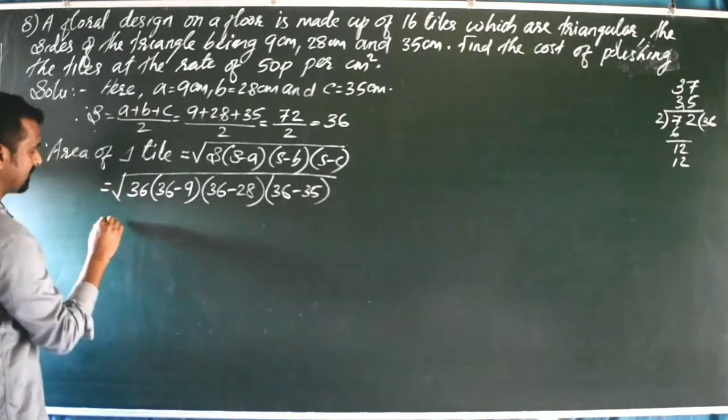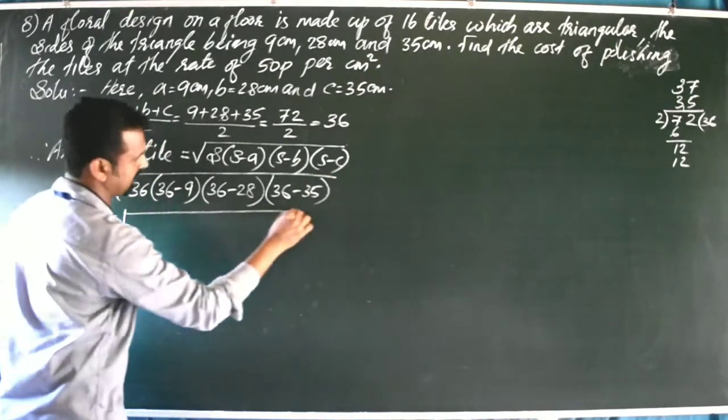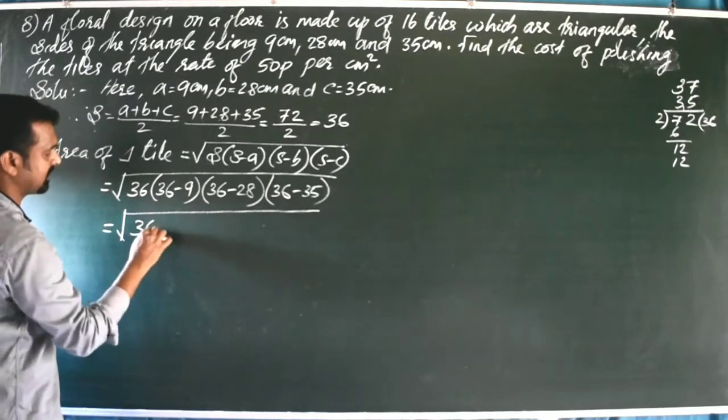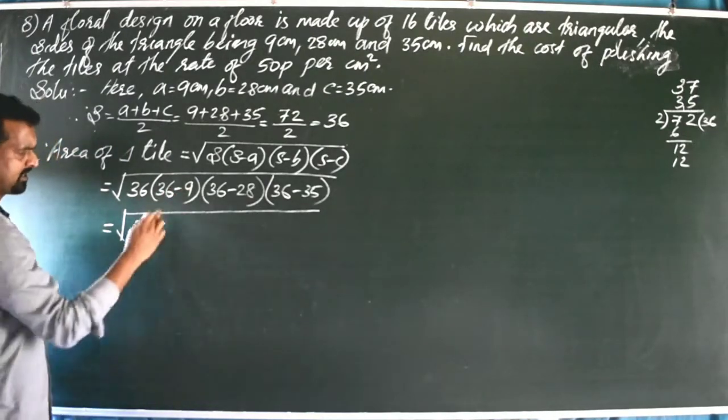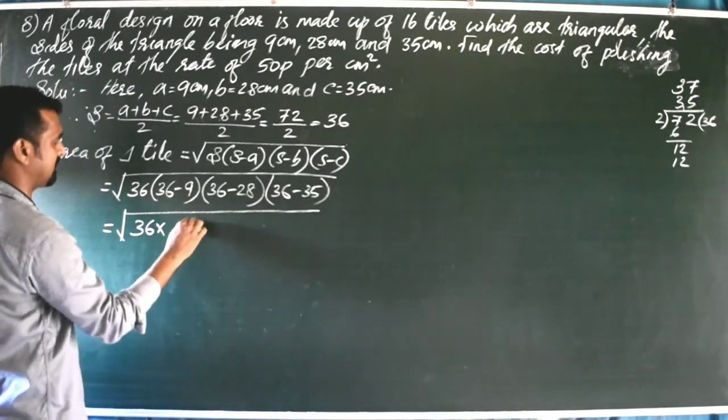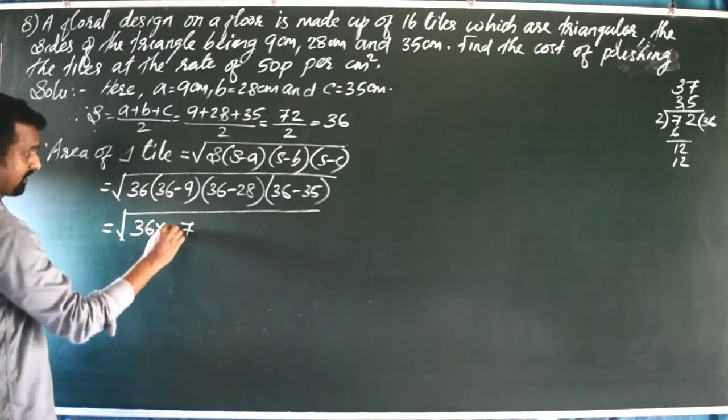Then that is equal to the square root of 36 into 36 minus 9, that is 27, into 8 into 1.